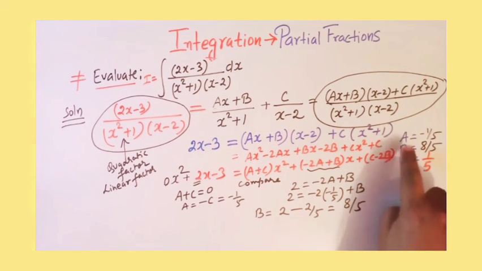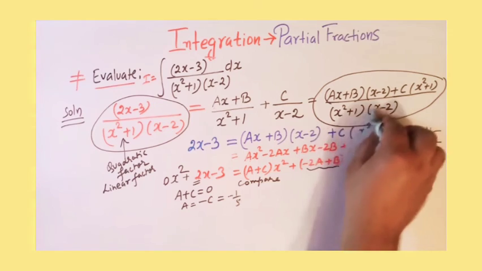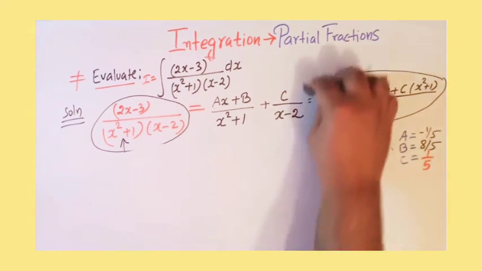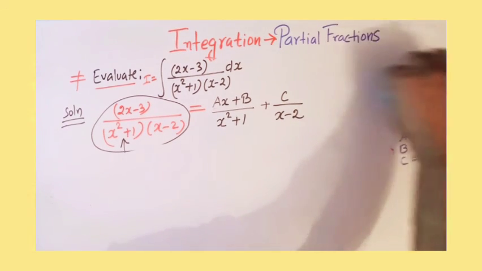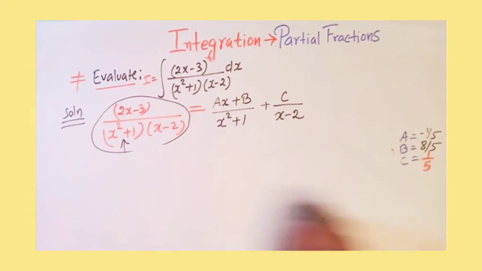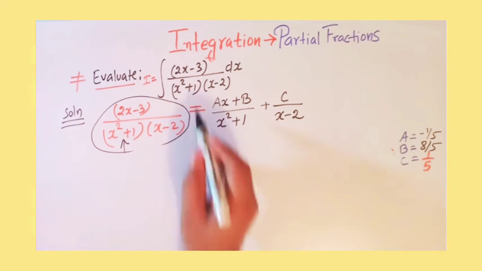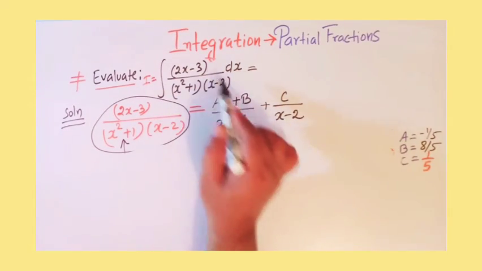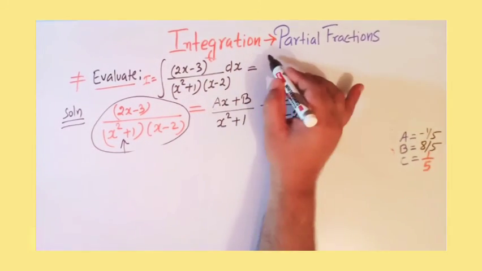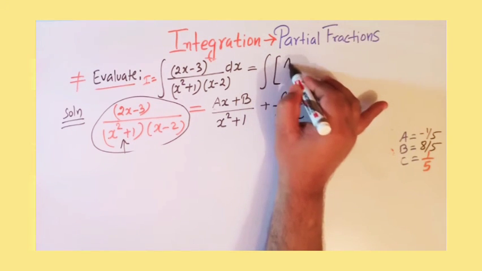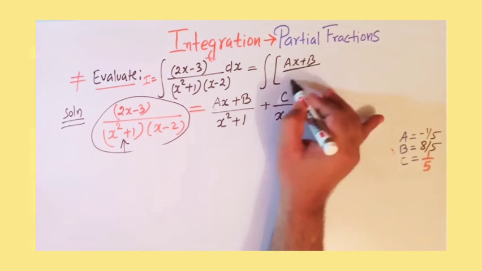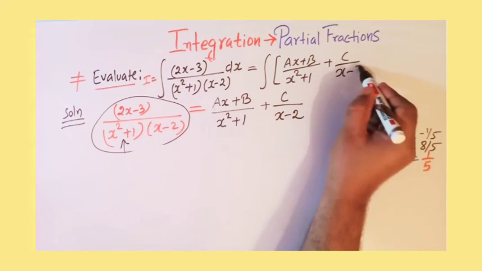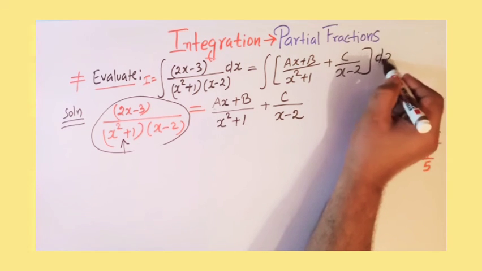Now after finding these values, we will integrate this integral. Now we have this integral. So this function is equal to this, so we can write the integral of ax plus b divided by x square plus 1 plus c divided by x minus 2, dx.